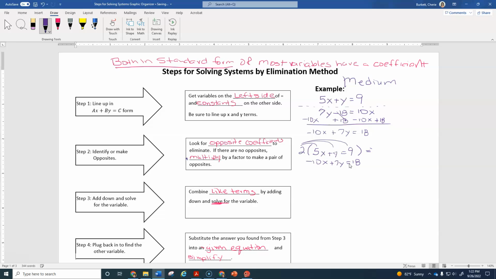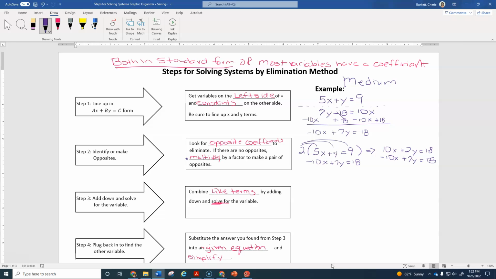So this equation right here becomes 10x plus 2y equals 18, and this bottom equation is negative 10x plus 7y is equal to 18. Okay, now I have step number 1 and step number 2 taken care of.